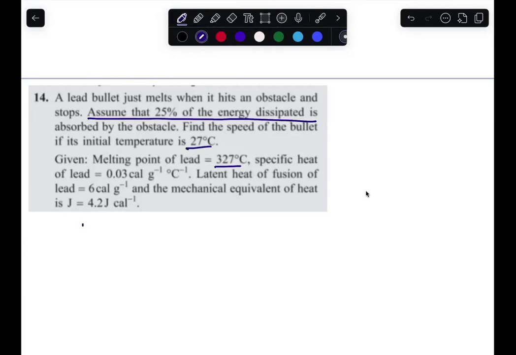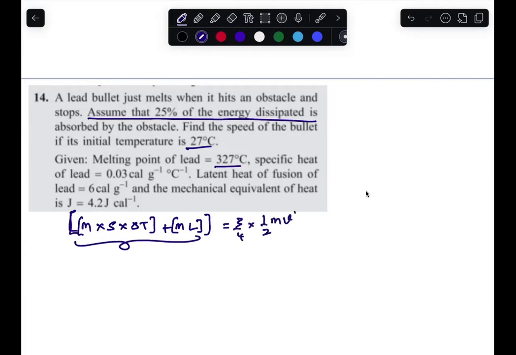See, mass into specific heat into delta T, once it reaches here, plus mL. These are the required heat for melting, and 3/4 of half mv square. Find the speed of the bullet required. So that's all.